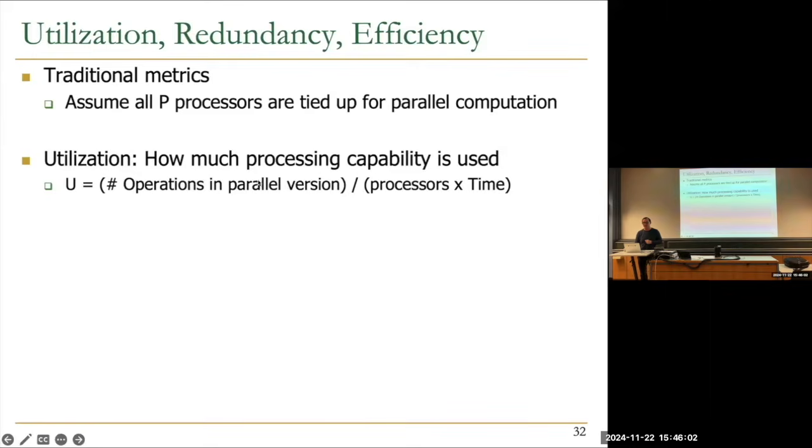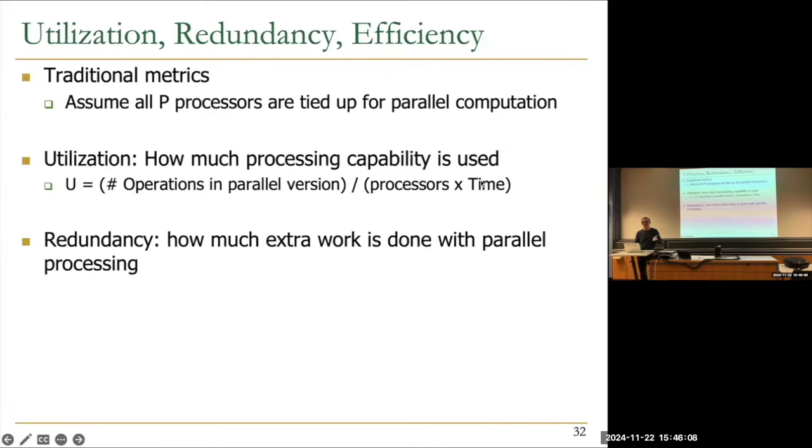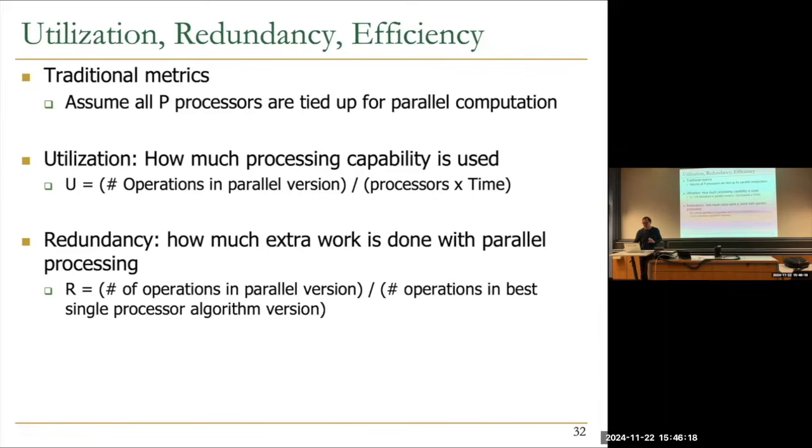It's really the number of operations in the parallel version divided by how many processors you're tying up for how long. Redundancy is how much extra work is done with parallel processing, and there's almost always extra work in parallel processing because you need to divide the tasks. You need to maybe replicate the inputs, etc. This is the number of operations in the parallel version divided by the number of operations in the best single processor algorithm version.